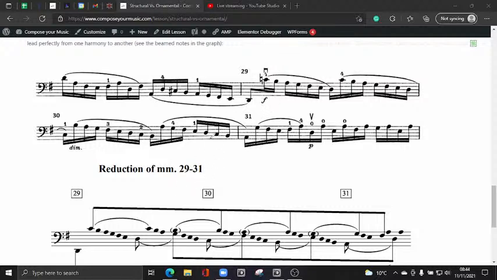What do you see between these intervals of sevenths? So D and C, C, B. Why would you think that these notes are perceived as structural?